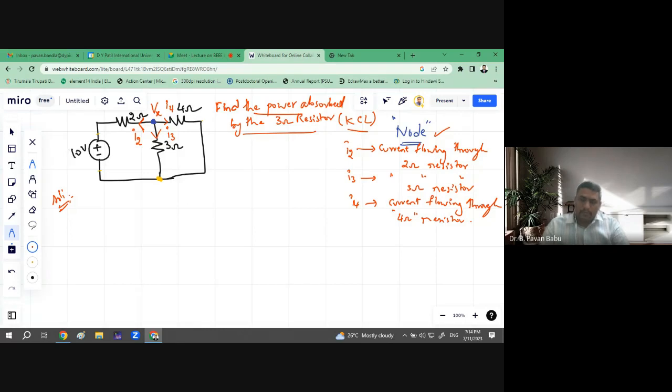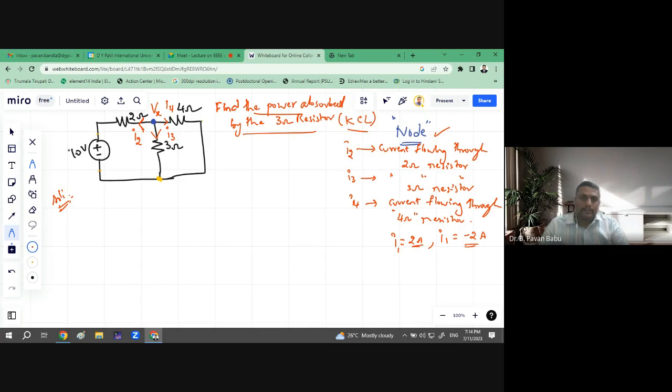Moreover, why we are not bothered about these directions: suppose you find I1 equal to 2 amps. If the value is positive, the direction you have considered may be correct. If for example I1 equals minus 2 amps, then the direction you have considered is not accurate, it may be in the opposite direction. But the value never changes.